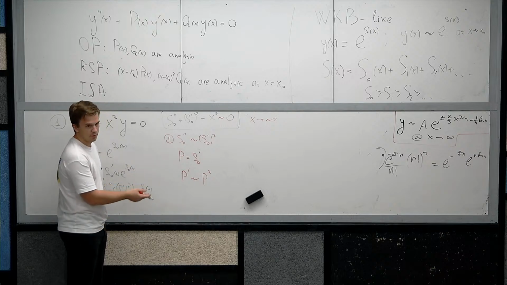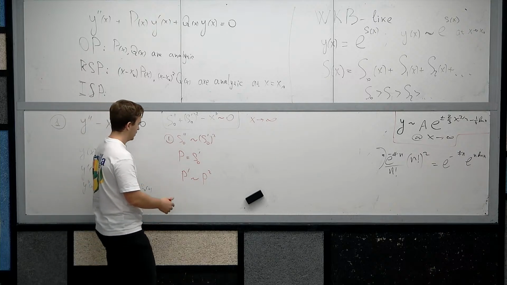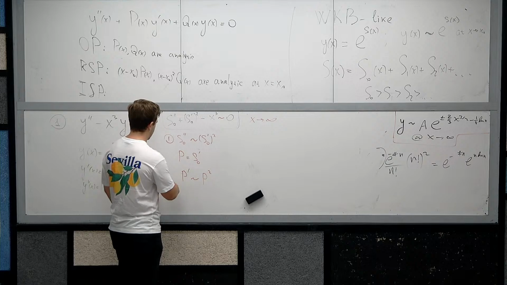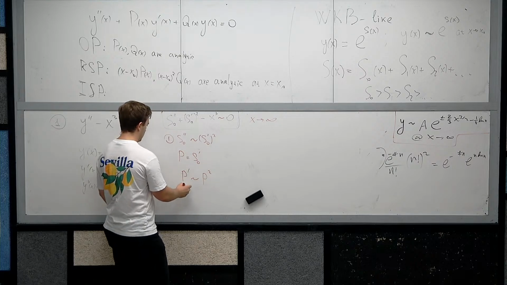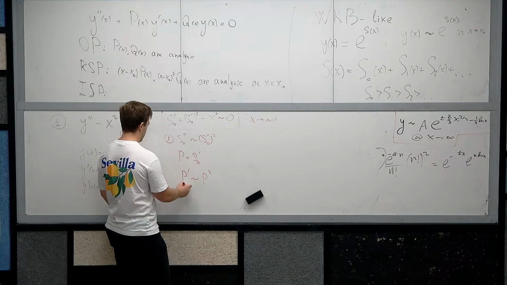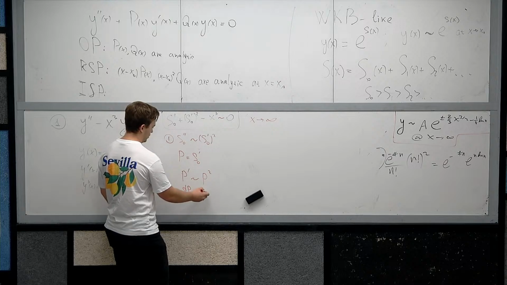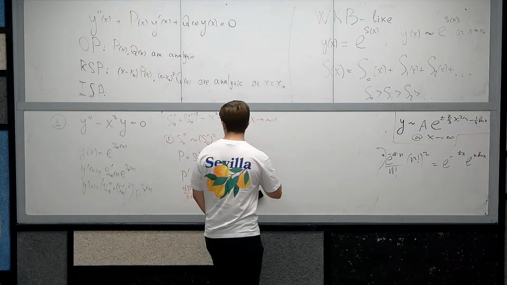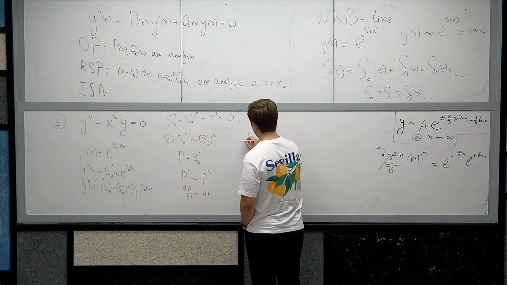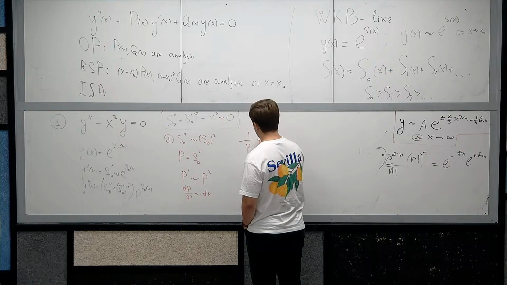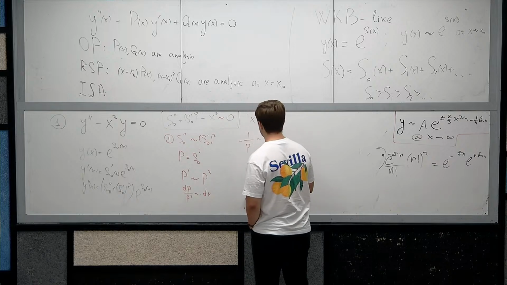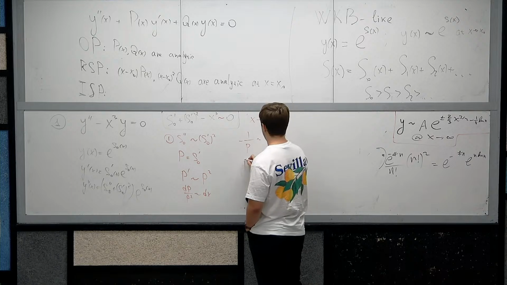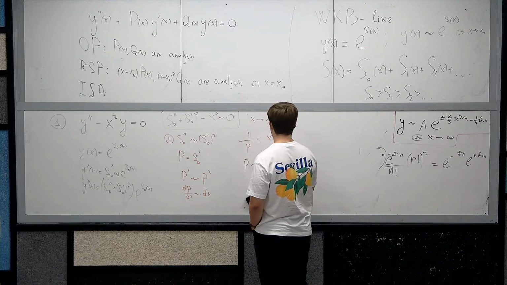Then we integrate both sides, and after integration we get 1 over p like x, so p is like minus 1 over x.